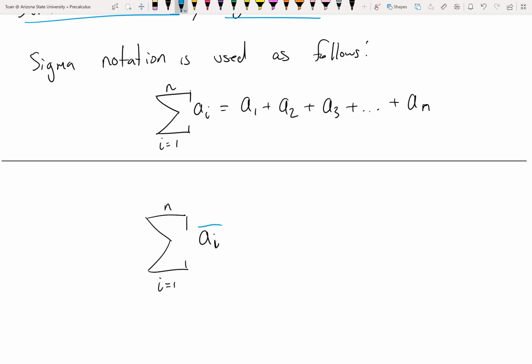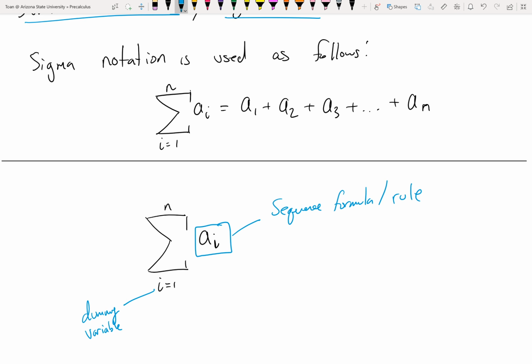So obviously this part here will be your sequence formula or your rule. The i right here is a dummy variable. It could be i, it could be any letter you want, i, j, k, whatever. The important thing is it has to be the same letter that your sequence uses.